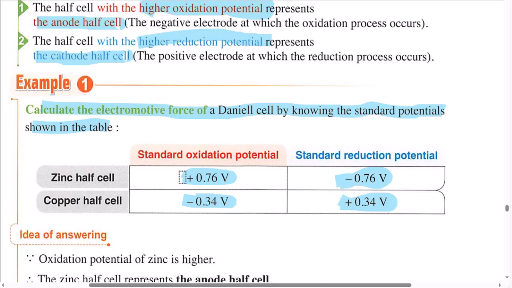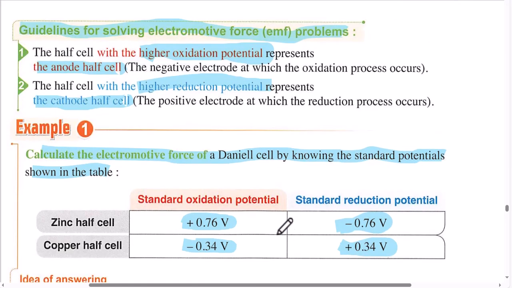So zinc's oxidation potential is higher than copper's, so it is the anode in this Daniell cell, and here the reduction potential of copper is higher than the reduction potential of zinc, so copper is the cathode. So we have three relations, as we mentioned before, to calculate the standard electromotive force of this cell.